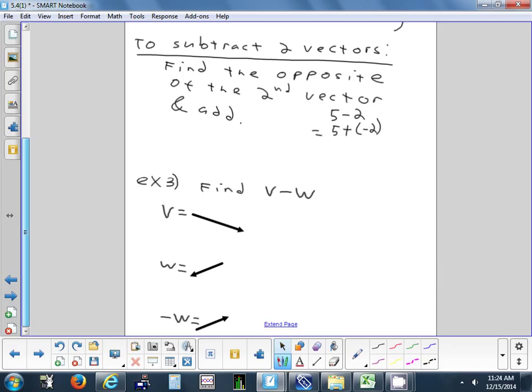All right, so now I've got negative W. And what do I do with that? Yeah, I add it. Add it to what? Exactly. You're going to think of it like this now. You've got V, you've got negative W. Just add them together. And that's like doing subtraction.